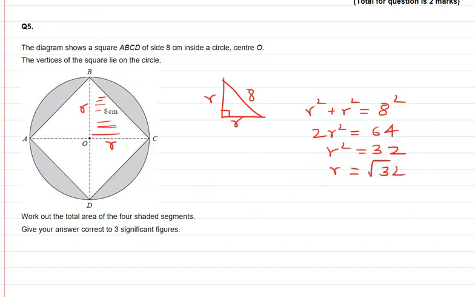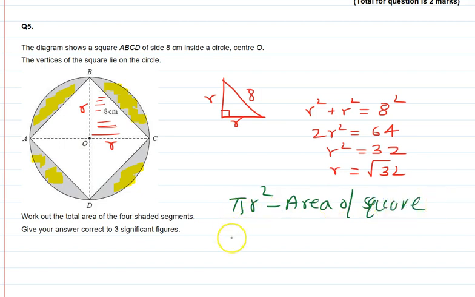So we need to calculate the shaded area. This yellow area, we need to calculate the shaded area. So how can we calculate the shaded area? From the area of the circle, that is pi r squared, we take away the area of the square. So pi r squared, where r squared is 32.